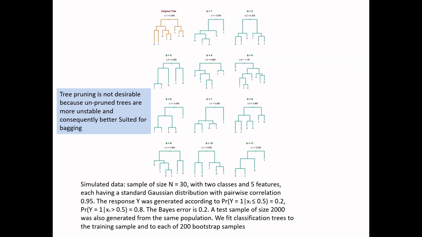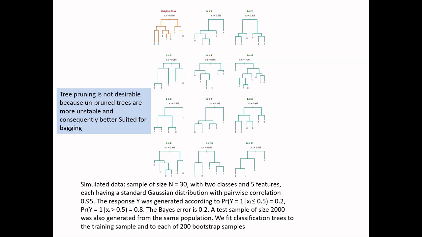Each feature has a Gaussian distribution, and the pairwise correlation is 0.95. Then Y, which is the class label, is generated according to some formula. In any case, you generate a lot of data, and then you take different samples of size 30 each and build a tree. Those are the trees that have been built.